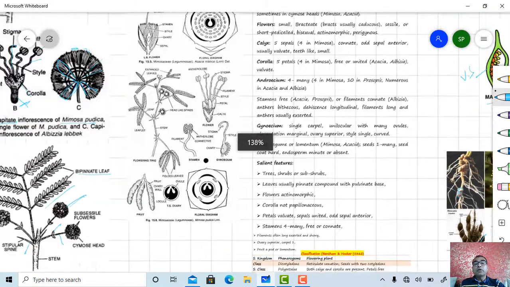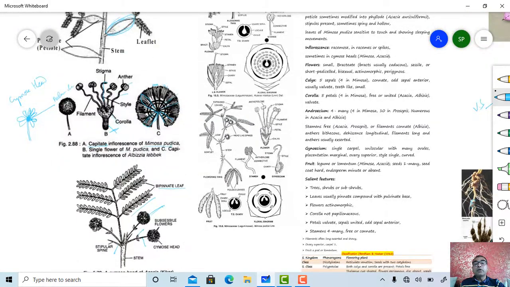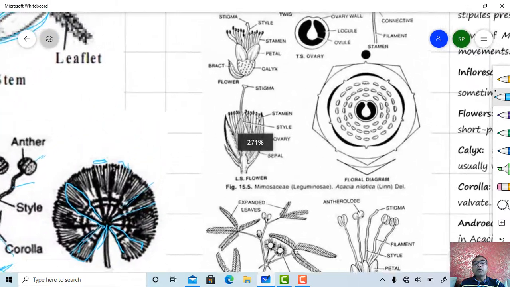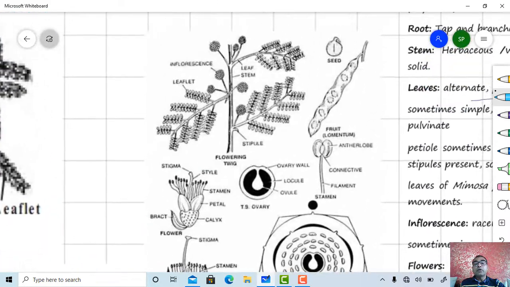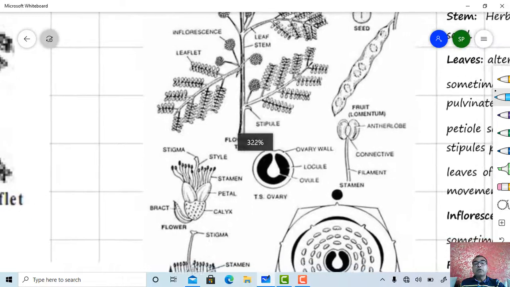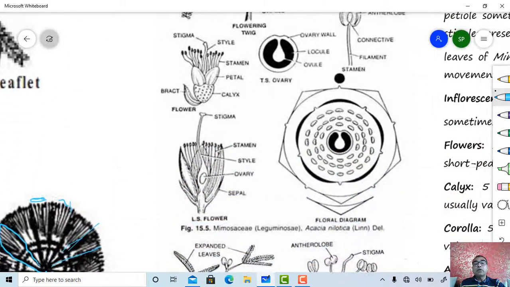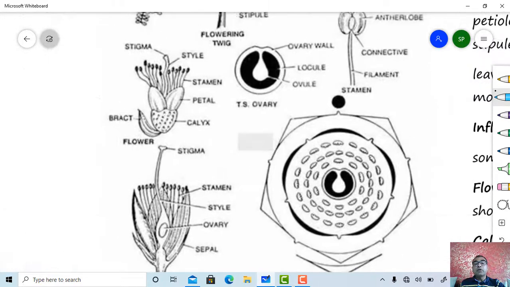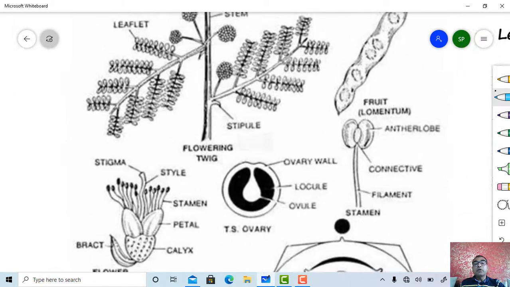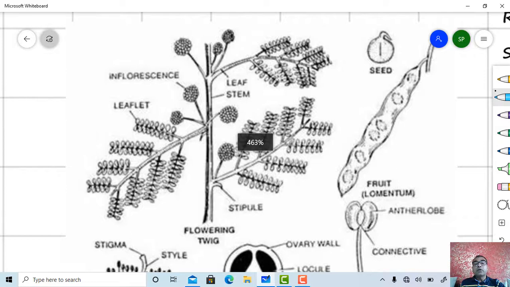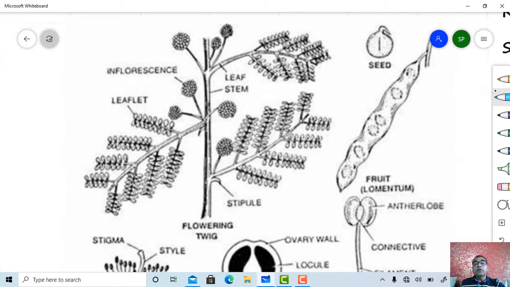Then again see some of the figures from the family Mimosaceae. This one is the Acacia nilotica plant, the babul plant. This is the habit. Just see the inflorescence.